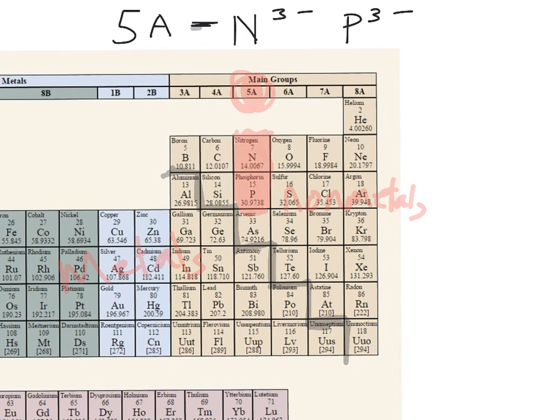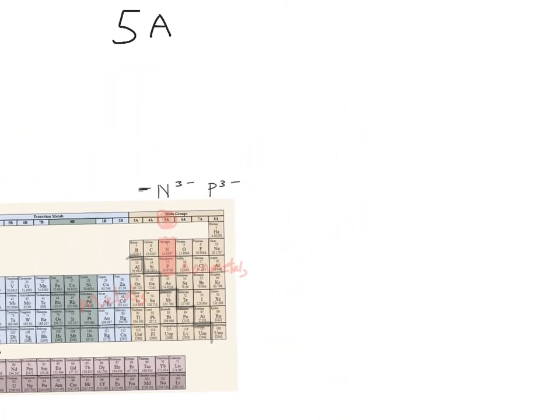Arsenic, antimony, bismuth, the rest of these guys, they won't really do that. These guys aren't really going to form negative ions, at least. We're not going to talk about those. We're just going to focus on nitrogen and phosphorus, and you should have no problem remembering that they will form -3 ions when they do form ions.